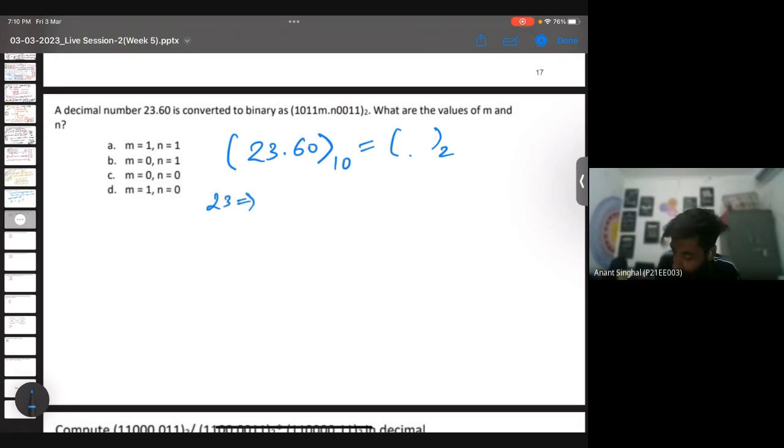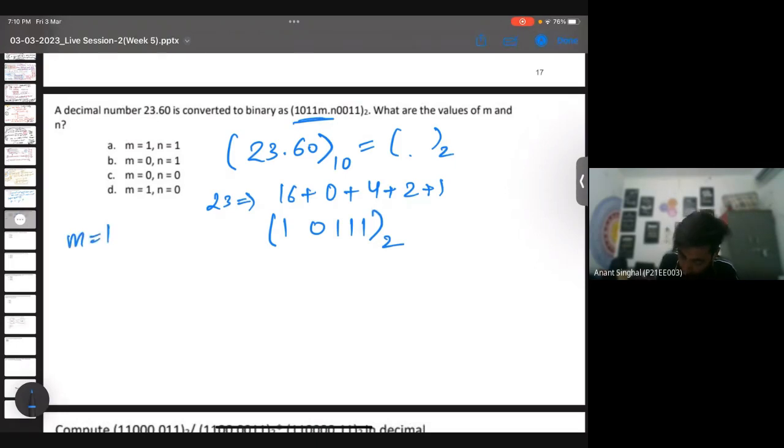23 is nothing but, we know, 16 plus 4 plus 2 plus 1. Yeah, it is nothing but 10111. I hope it is clear now. So from the options we can directly say that the value of m is 1. So we have eliminated these two options. Now we need to calculate the value of n.